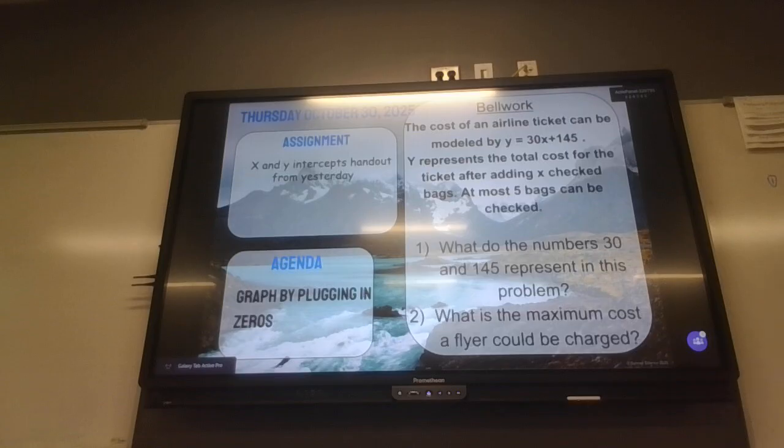Y is the total cost. What's the difference between the 30 and the 145? If X is the number of bags you take, well, what happens if you take 0 bags?